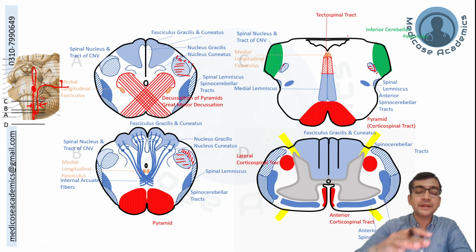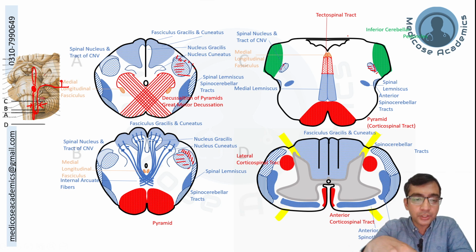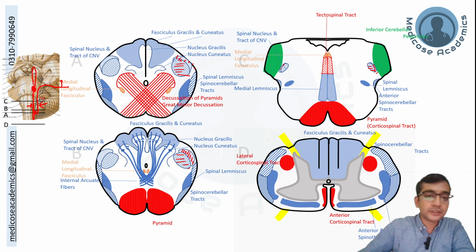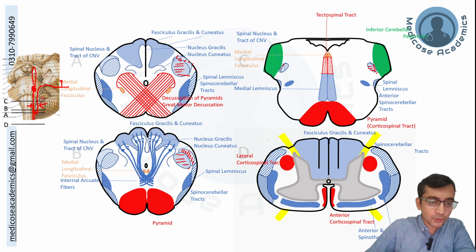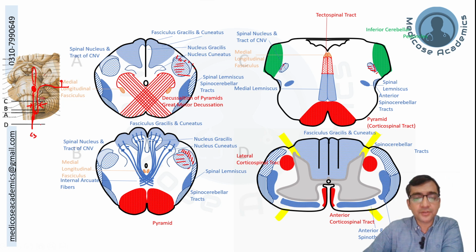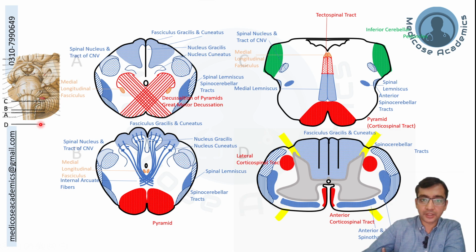So these are the spinal tract and spinal nucleus of trigeminal nerve. This nucleus starts from above the pontomedullary junction, starts from pons actually, and goes all the way down to roughly C3, sometimes C4, 5 vertebra. Spinal segments is a better word for that. So these are the spinal nucleus of trigeminal nerve.